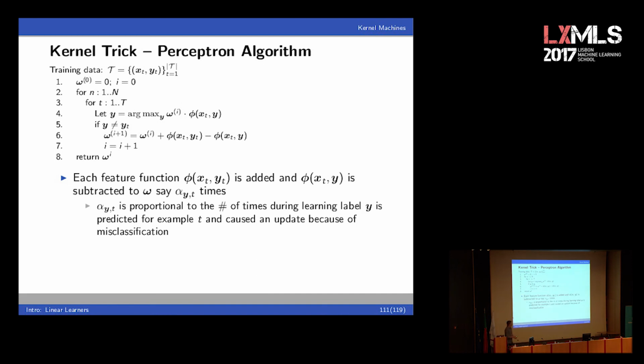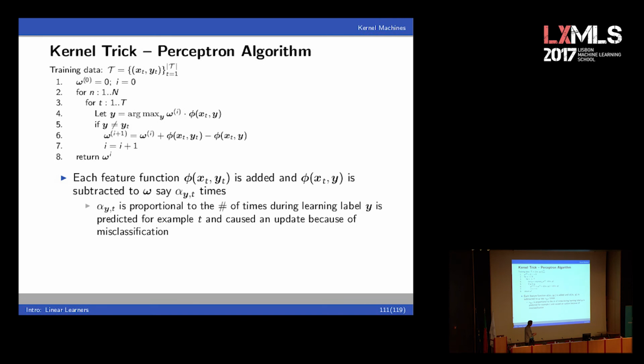And what we can see here in the algorithm is that one way of expressing the weight vector in a different kind of way is by just looking at the feature representations. The weight vector, if we start at 0, is just adding up and subtracting feature representations, right? The good ones and subtracting the bad ones. And we are adding up the good ones proportional to the number of times we are making a mistake and doing a misprediction.